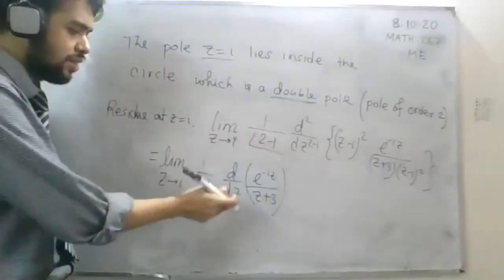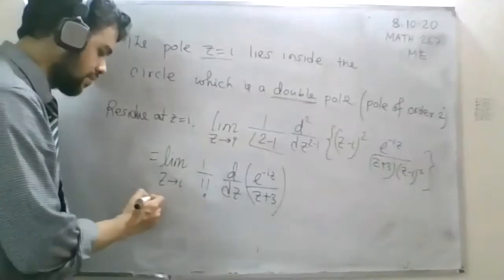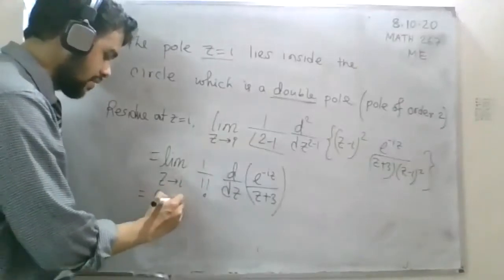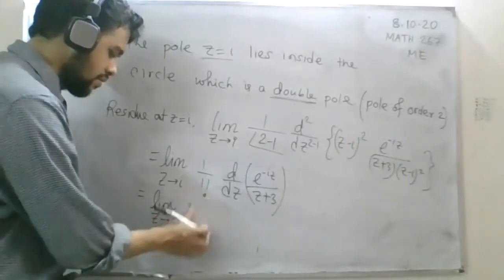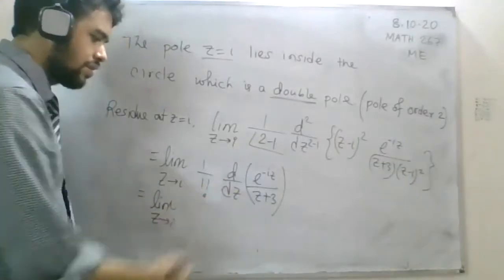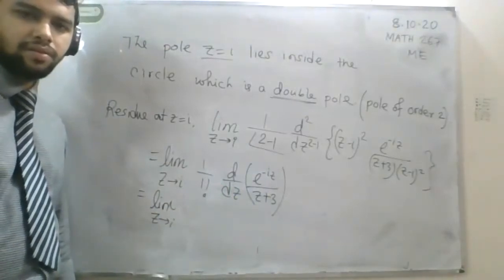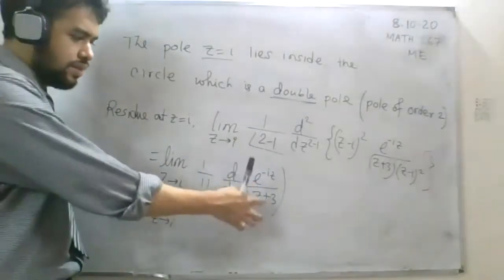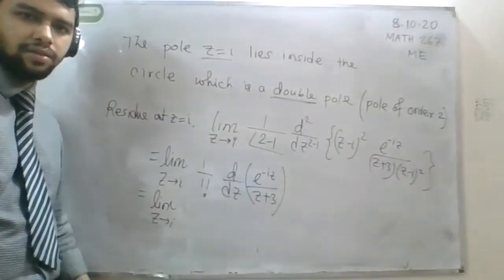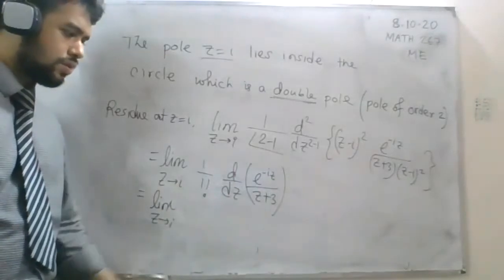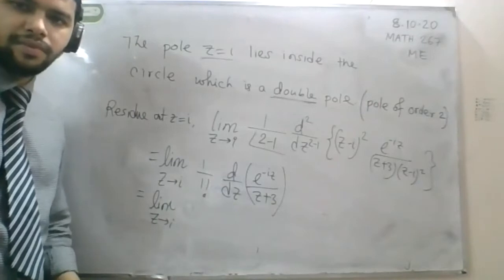Now please tell me the formula. You have to differentiate this function with respect to z. What will be the result from here? Anyone?